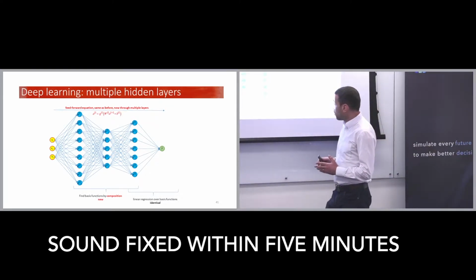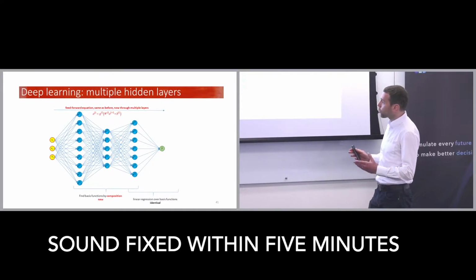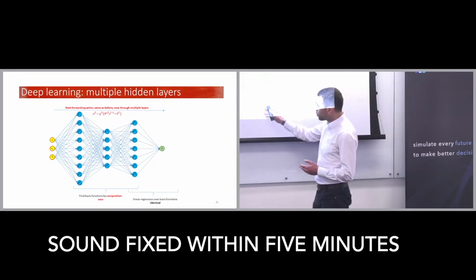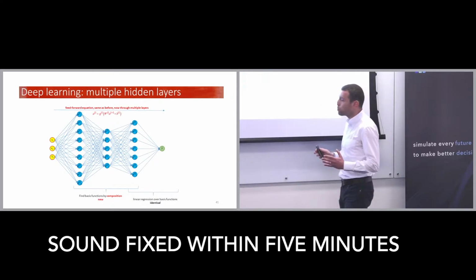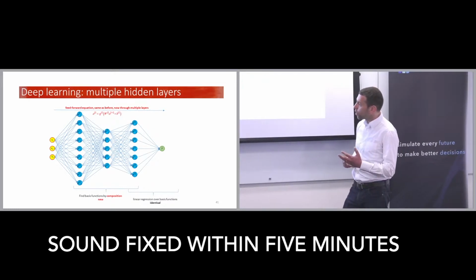Anyhow, even though we don't really have a formal result yet, what we do have is a vast number of empirical results where it has been shown in practice that deep neural networks work a lot better than shallow neural networks. And what we also have is kind of an intuition of why this is the case.